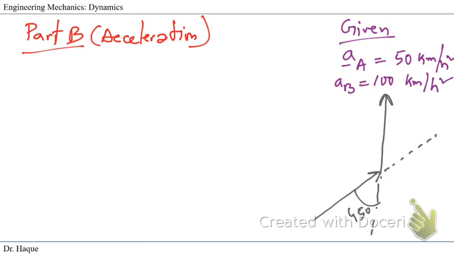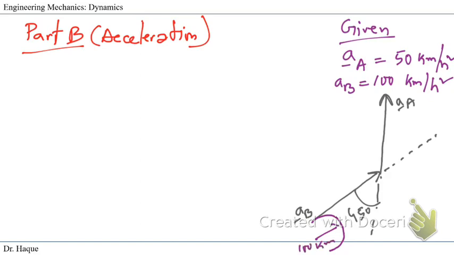Okay, so acceleration of B and acceleration of A, and it has a curved path. So here it will have a curve which has a radius of curvature of 100 kilometer.